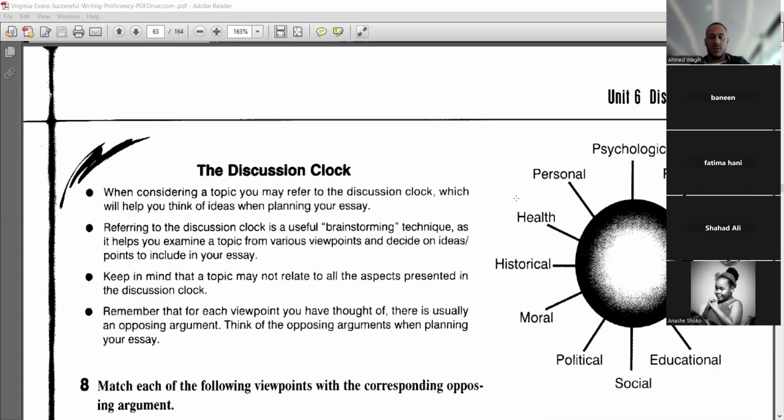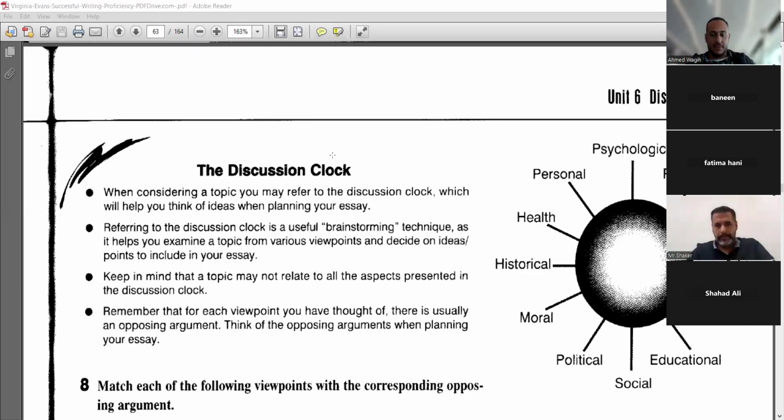Clear, everyone? Today's lesson is really easy and it is only guiding the points, and you can apply them in your tasks later on. So there are two techniques, the discussion clock and the hand theory, that you might use.